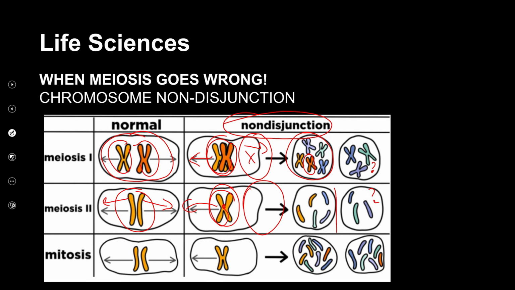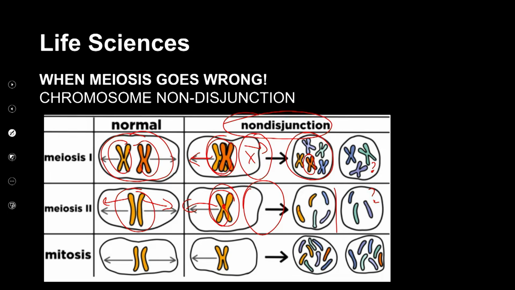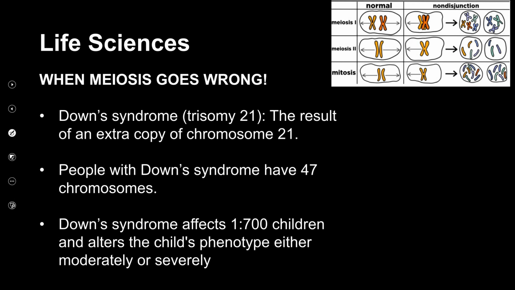And so again, the scenario of one cell having one more and the other cell having one less. This might also occur in mitosis, where the entire chromosome is pulled to one side, resulting in 2 sets of the one chromosome in a cell. And that's essentially showing you how non-disjunction happens and what that leads to. We'll discuss that in the next bit.